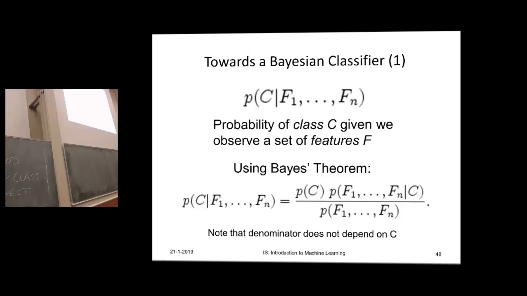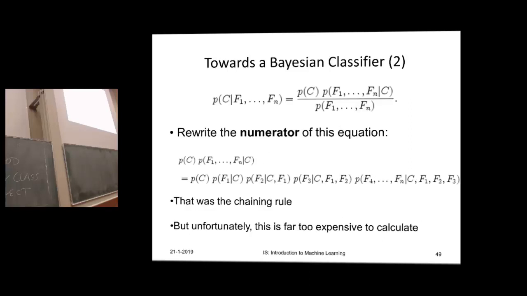There is a problem with that: if you look at Bayes' theorem, we have on the right-hand side this factor, and that is, given a class C, how do we calculate the probability of F1 to Fn being the case?